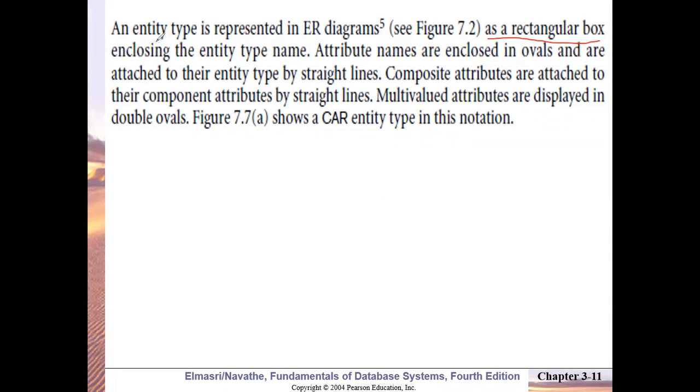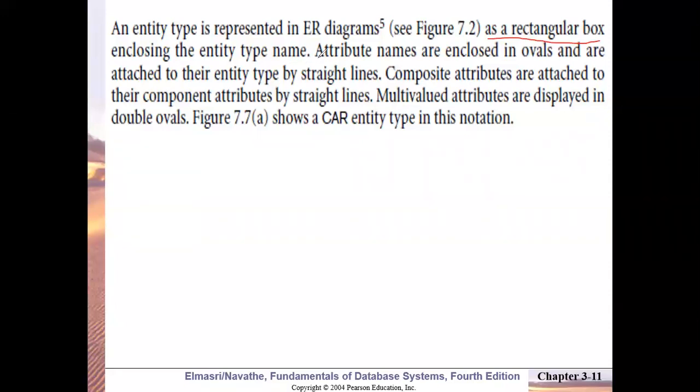So an ER diagram doesn't contain individual entities. When we commonly call it an entity instead of entity type, it actually means the entity type. Fine. So clear with entity type representation.